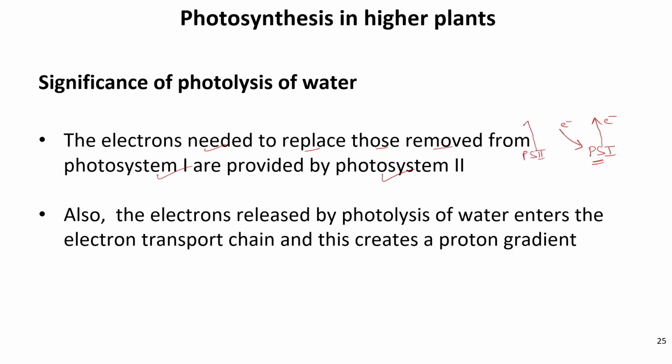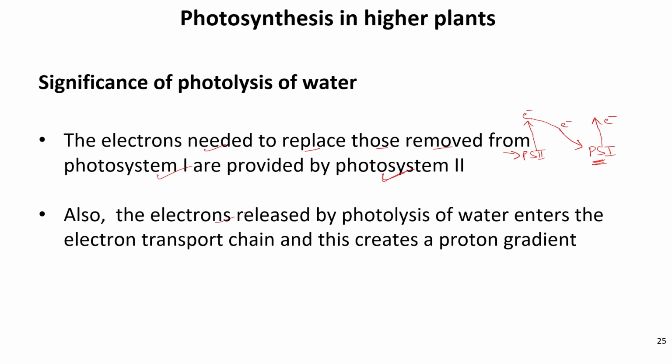When photosystem 2 gets excited, electrons are released, and these electrons are transferred to photosystem 1.